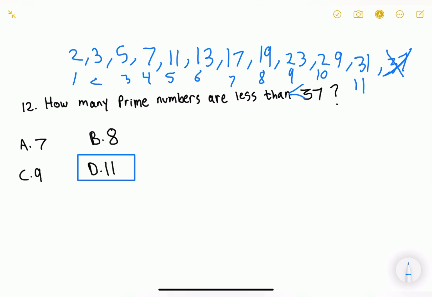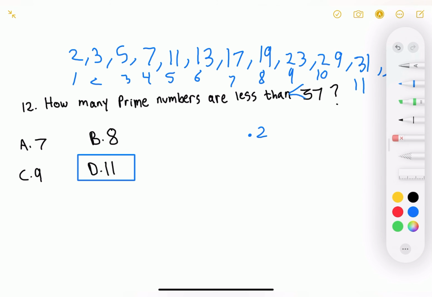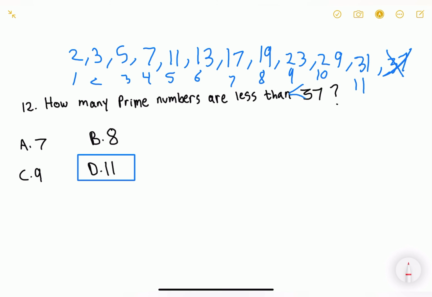Before I move on, I want to teach you a little bit of factual information or tricks about prime numbers. So we know that there are infinitely many prime numbers, and let me tell you a few facts. Let me change the color just so you know that we're talking about the same topic but a different application.